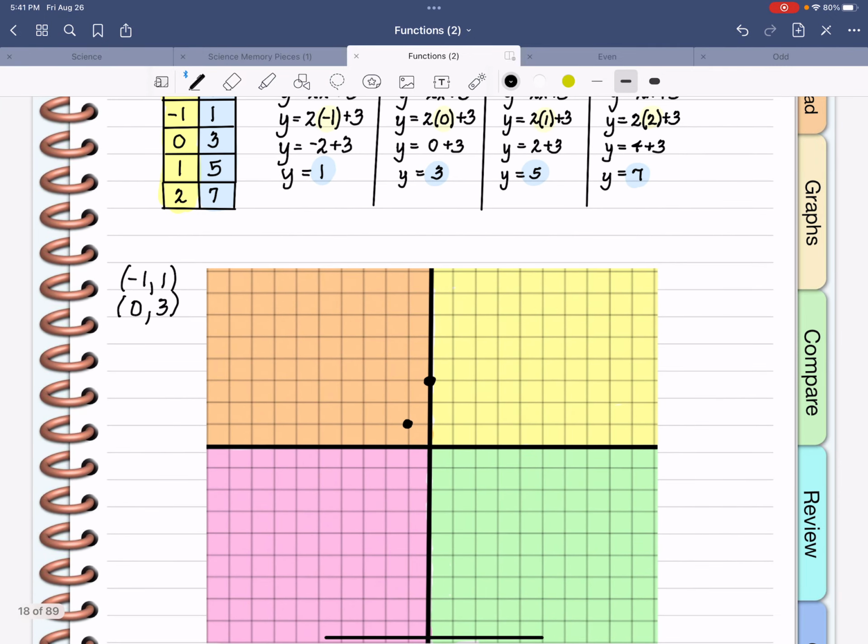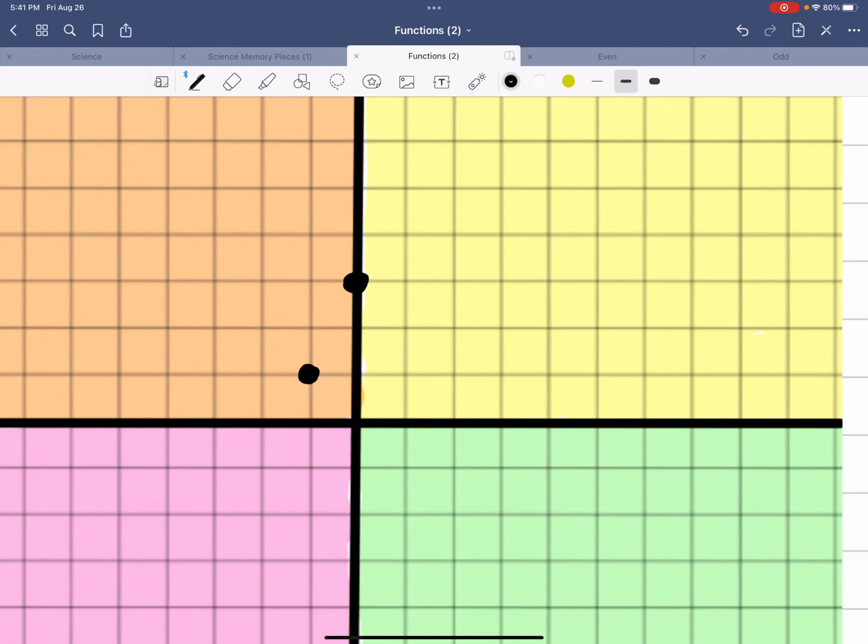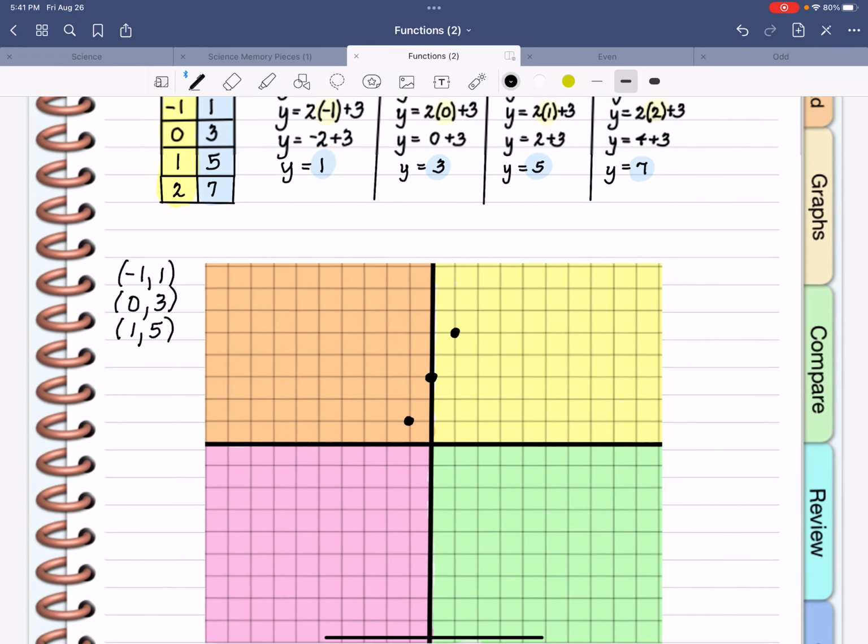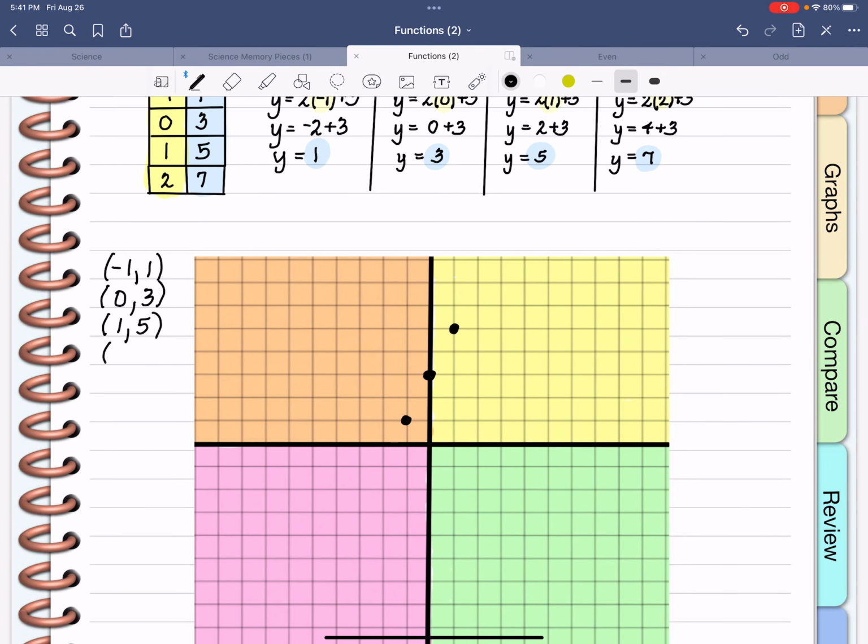Okay, then we have a 1 and a 5. So we will go over 1, up 5, right there. Over 1, up 5. That is in quadrant 1. And then over 2, up 7.